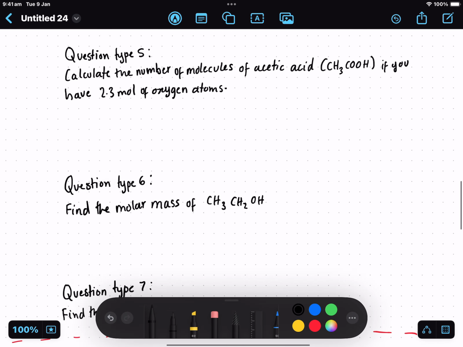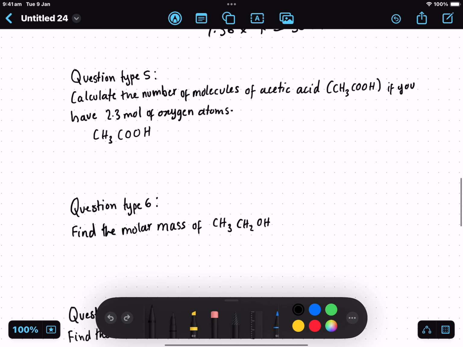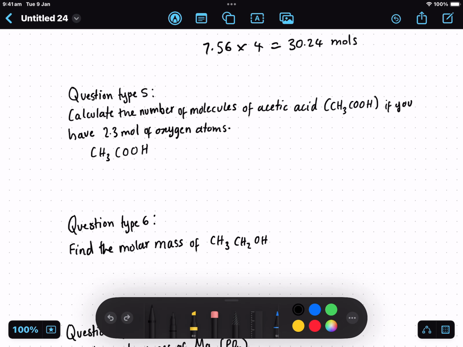Now question type 5. Calculate the number of molecules of acetic acid if you have 2.3 moles of oxygen atoms. So this is quite tricky actually, but whatever we did last question, you have to just think backwards. So we've got 2 oxygen atoms in the formula. To do this, we have the number of moles of oxygen atoms, and we have to find the number of molecules of acetic acid.